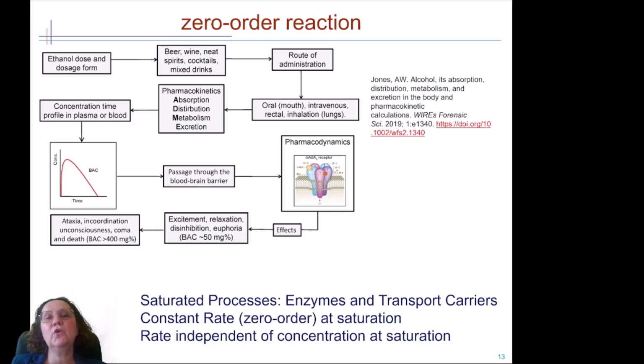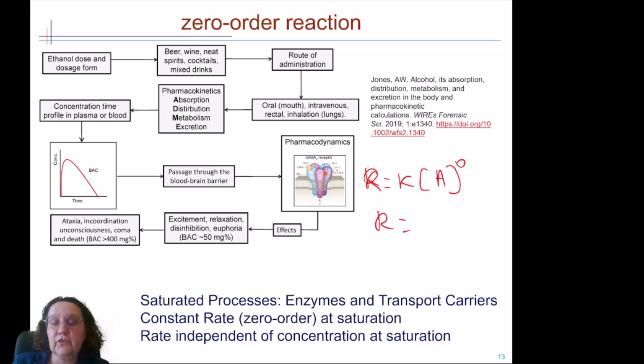A typical example of a zero order reaction, a reaction in which the reaction rate is independent of the concentration of the reagent, is blood alcohol levels, or the metabolism of alcohol.